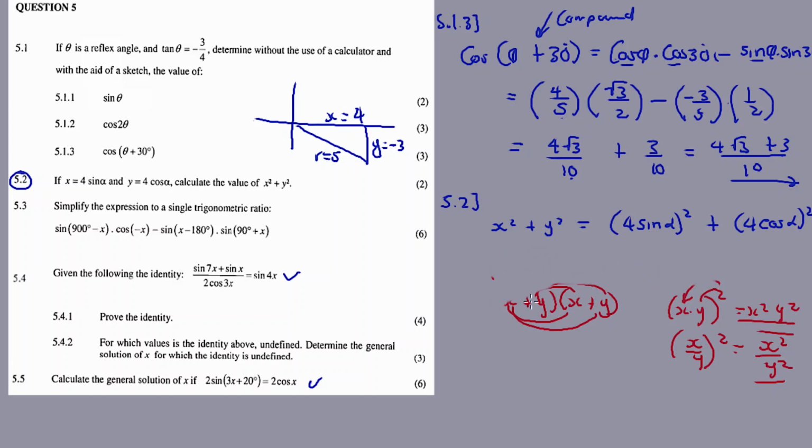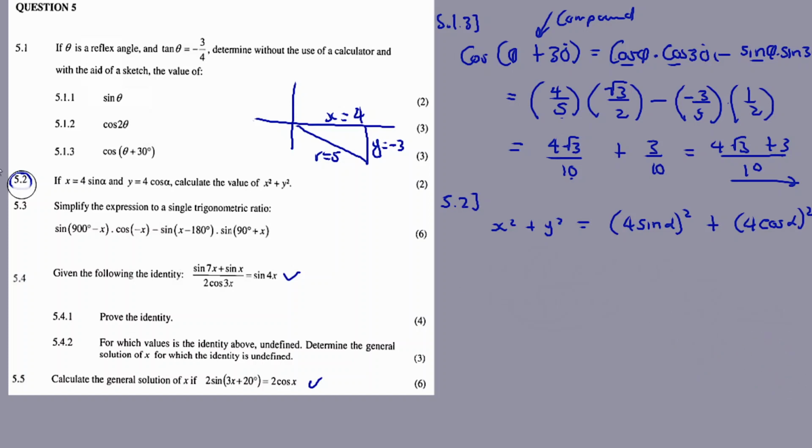Here you see the 4 and the sine are multiplying each other. Sine is a term on its own, 4 is a term on its own, so the 4 multiplies the sine and the 4 multiplies the cos.